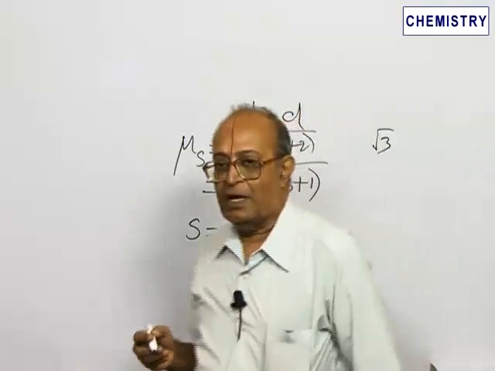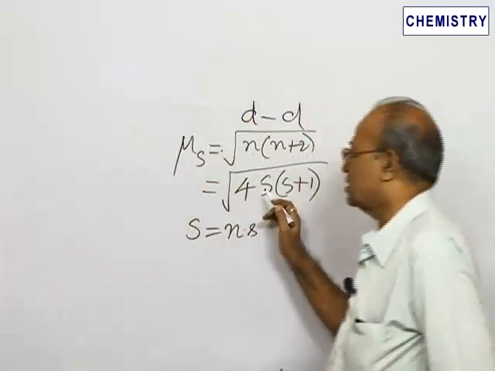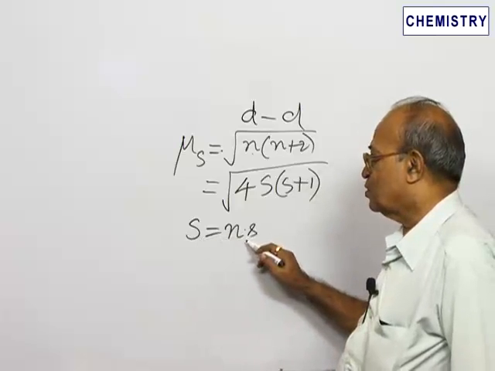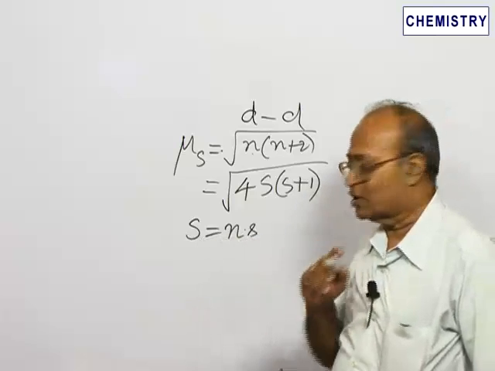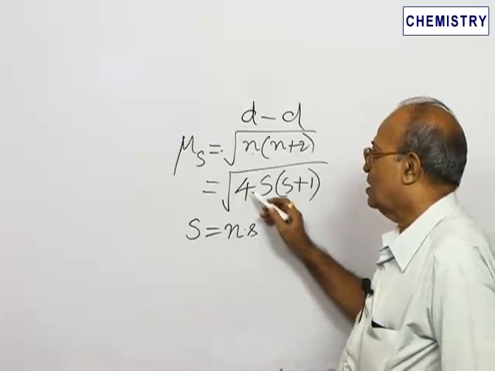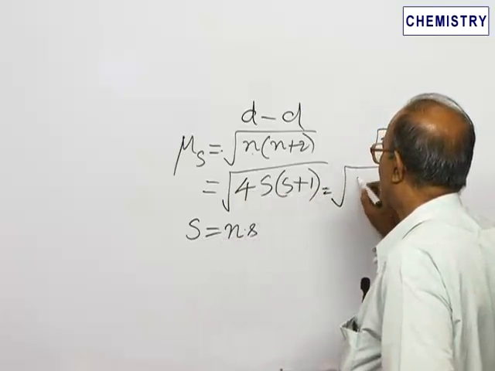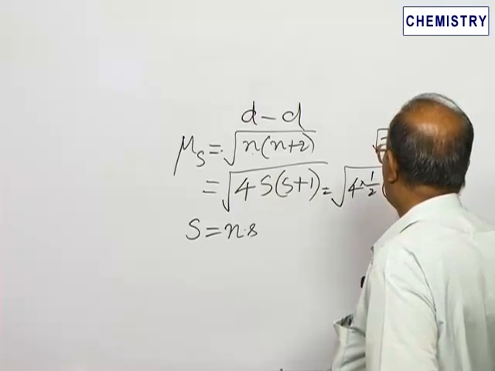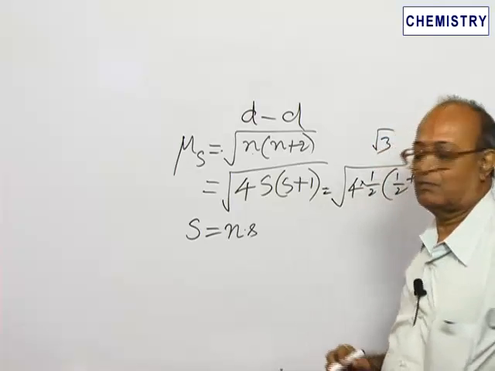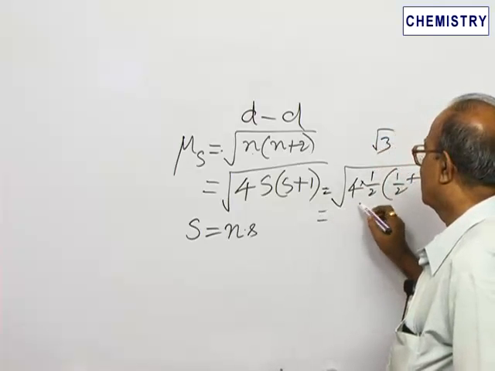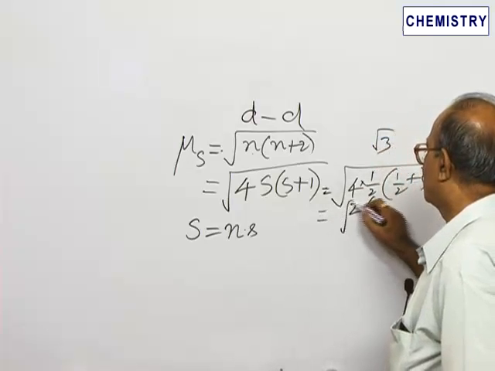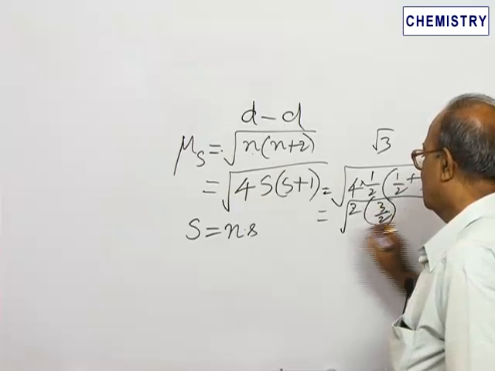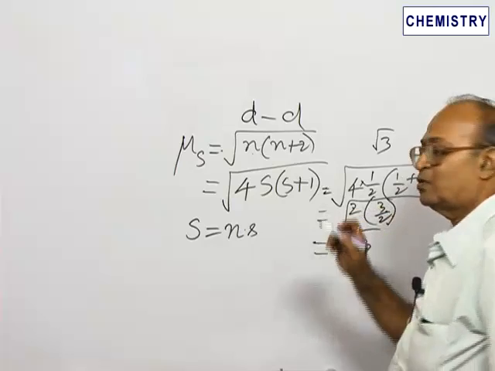All right. Let us apply this to the other expression. There is only one electron. So capital S is equal to n into half, one unpaired electron, 1 into half. So this will become root of 4 into half, half plus 1. That is root of 2 into 3 by 2, so 2 by 2 root 3.